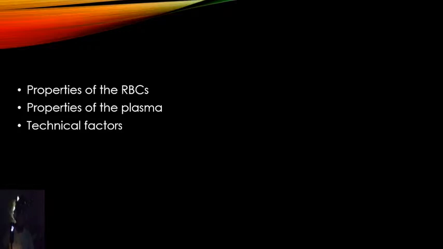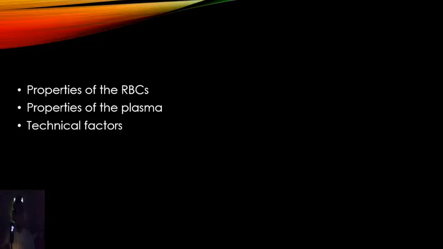Whatever is inside your plasma can also affect what ESR result you're going to have, and then of course technical factors: temperature, time, and other things that are unrelated to the patient's sample.